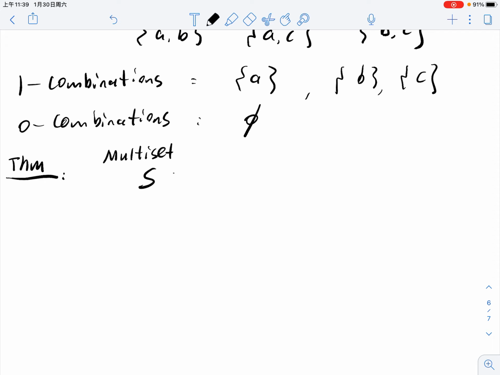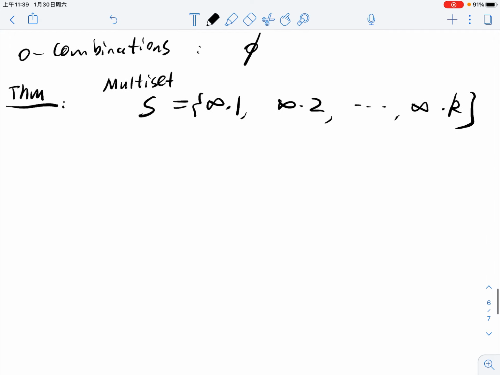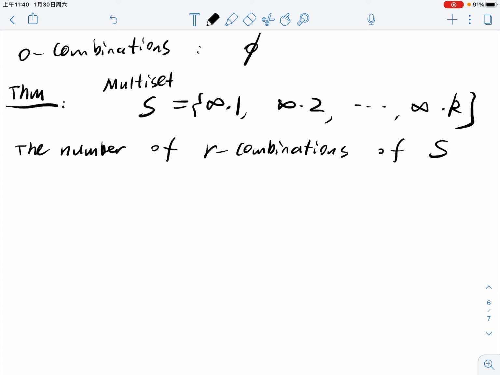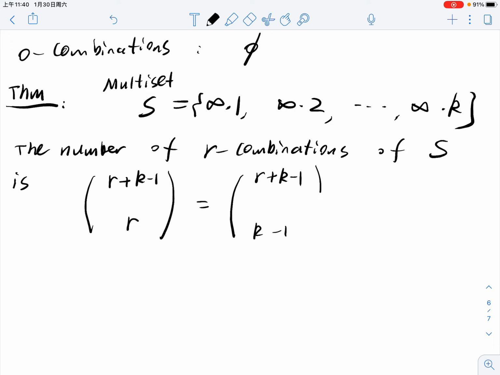Suppose our multiset S is infinity times 1, infinity times 2, up to infinity times K. Then the number of R combinations of S is R plus K minus 1 choose R. Or by the formula before, it's R plus K minus 1 choose K minus 1.